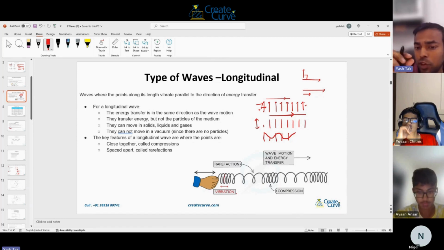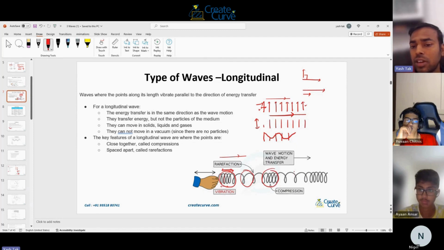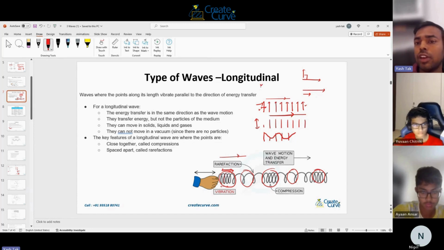If you see a slinky or spring, you will find this type of motion, with the particle and the wave moving in the same direction. You will see continuous compression, rarefaction, compression, rarefaction, and compression. This is happening in this direction and the particles are also moving in that direction. That type of wave we call the longitudinal wave.